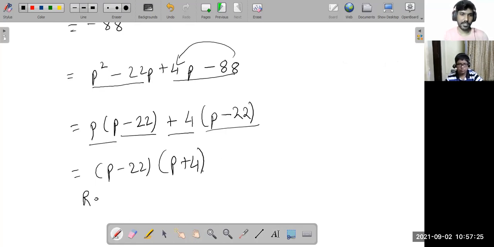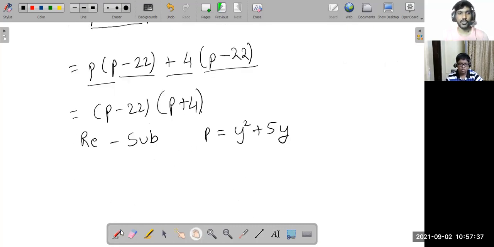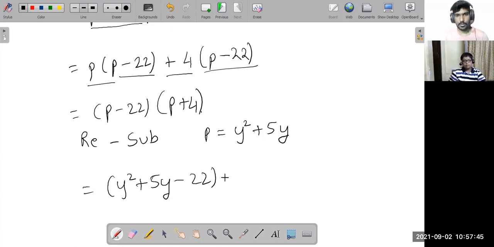Now you do the resubstitution. What is resubstitution? We took p as y square plus 5y. So resubstituting, this becomes y square plus 5y minus 22 and y square plus 5y plus 4.